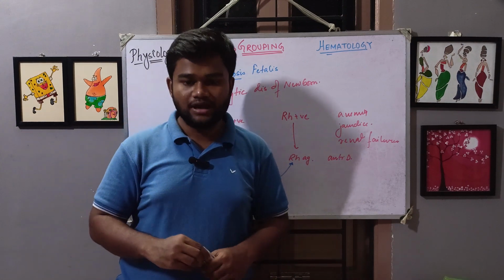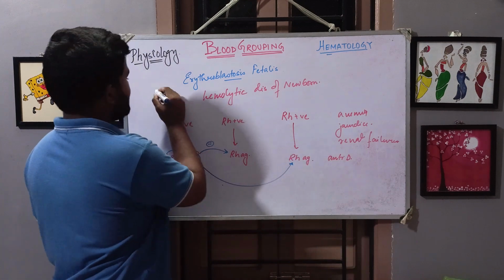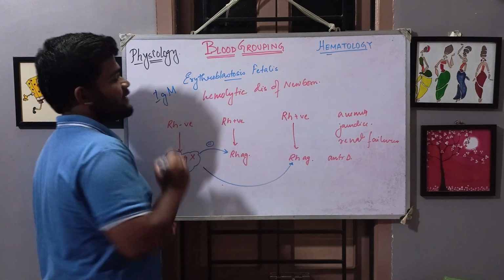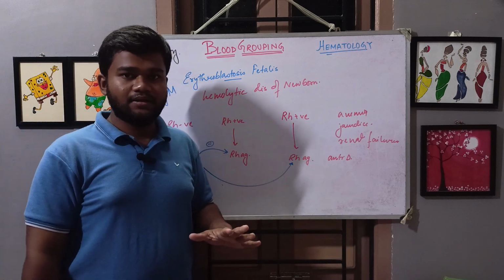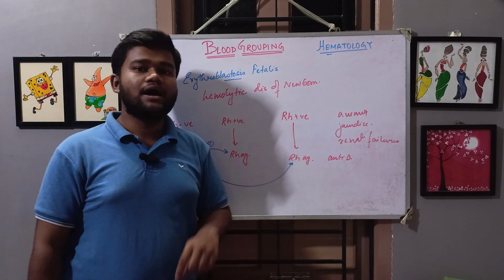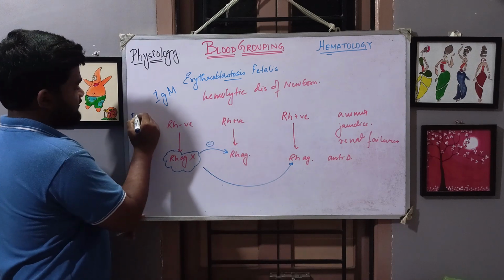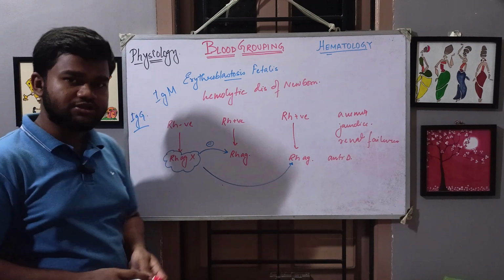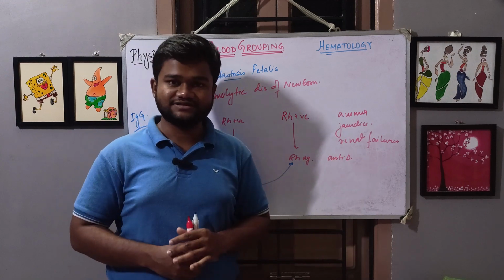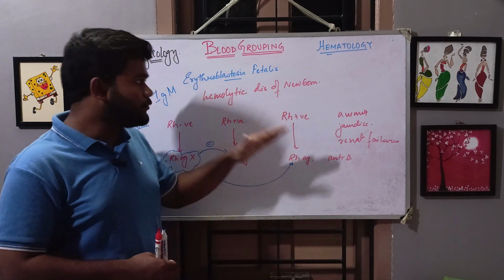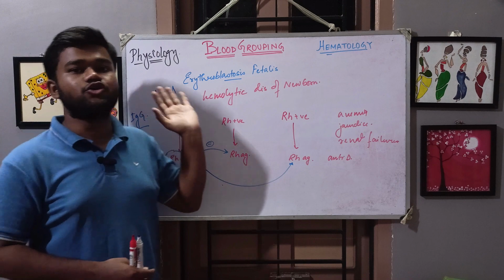ABO antibodies are of IgM type. As a result, they cannot cross the placental barrier. But the Rh antibodies are IgG type. As a result, these can cross the placental barrier, resulting in erythroblastosis fetalis. With this, we come to an end of the discussion of the blood groups.